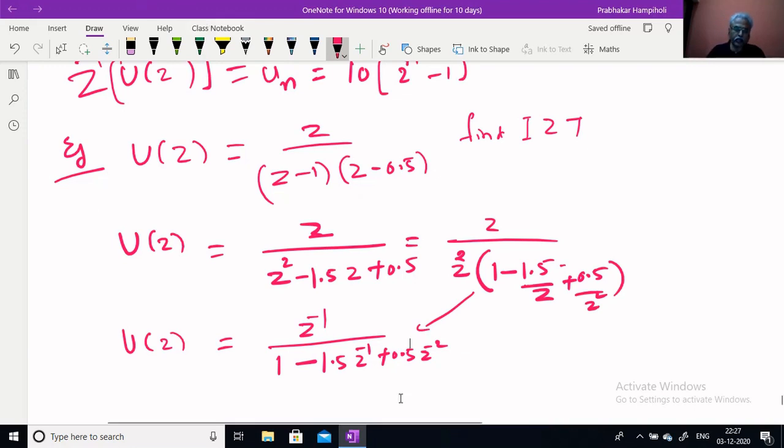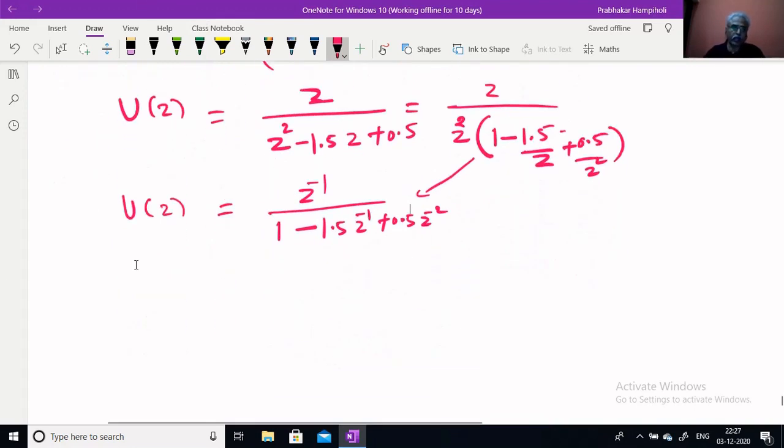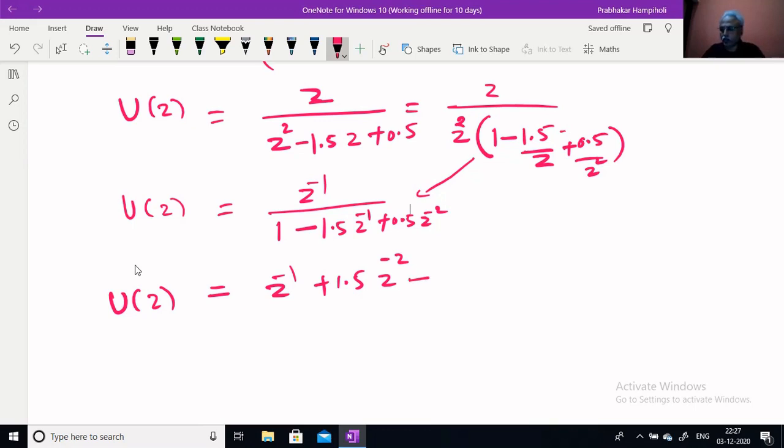Now if you apply the division process the same as last time, u of z, you are going to get something like z raised to minus 1 plus 1.5 z raised to minus 2, plus 1.75 times z raised to minus 3 and so on. This I am giving you; you have to find this answer by applying the similar method I told in the previous example. If I now take this, 1 becomes u1, 1.5 becomes u2, 1.75 becomes u3. That means u0 is 0.